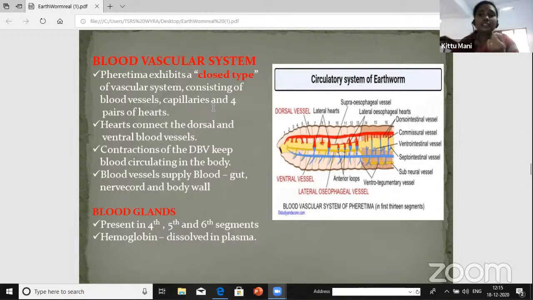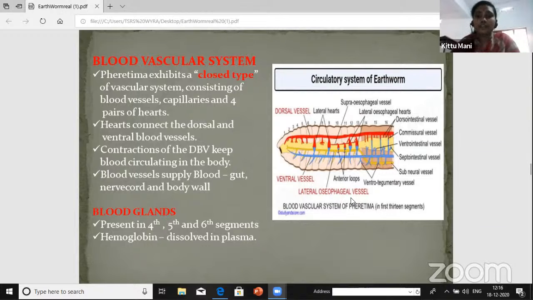Capillaries means the small portions present in the blood vessels, which are used for the circulation of blood from one place to another place. The hearts connect the dorsal and ventral blood vessels, and the dorsal blood vessel has a contracting nature, which is used for supplying blood to the total body parts.